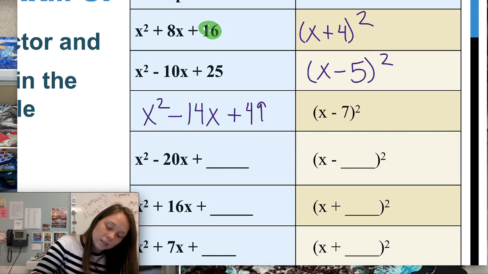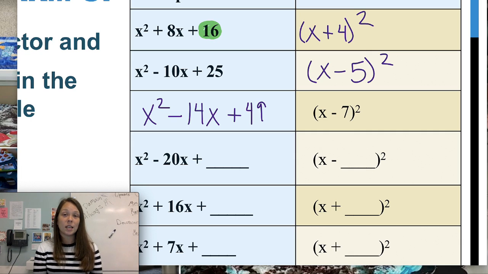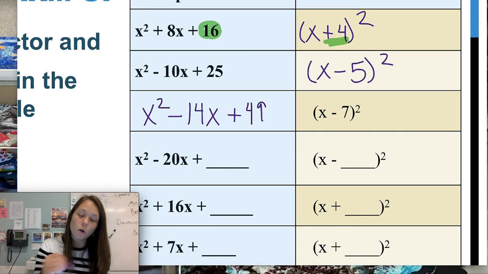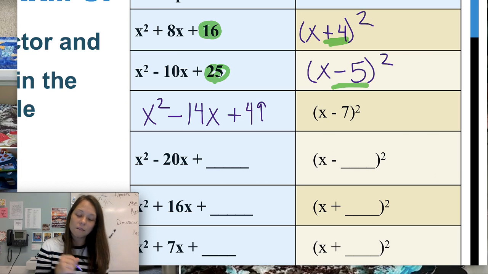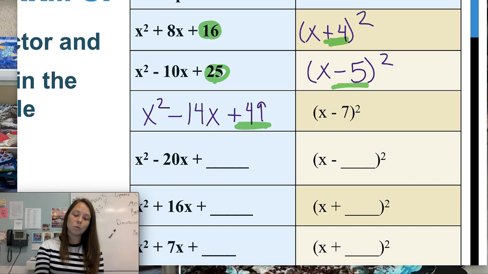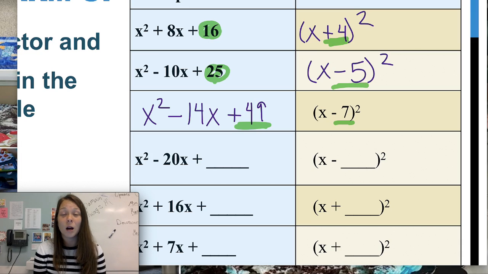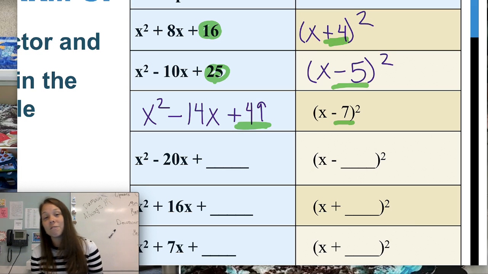Well, notice c in the first one, which is 16, and how does that relate to 4? Or how does 25 relate to 5? Or how does 49 relate to 7? Those are all perfect squares. Meaning if I square root 16, I get 4. If I square root 25, I get 5. If I square root 49, I get 7.